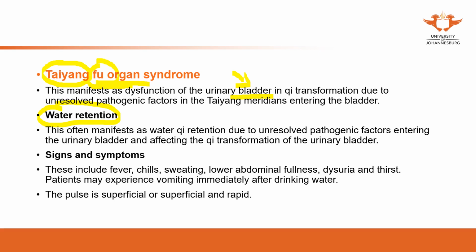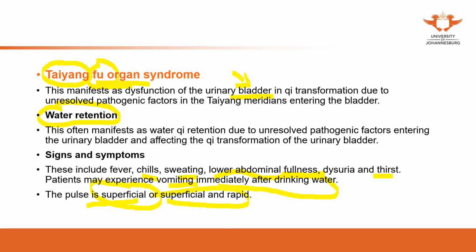blood stasis. In Taiyang water retention, the patient will have fever, chills, sweating, lower abdominal fullness, thirst, vomiting immediately after drinking water, and a superficial or superficial and rapid pulse. So why superficial?